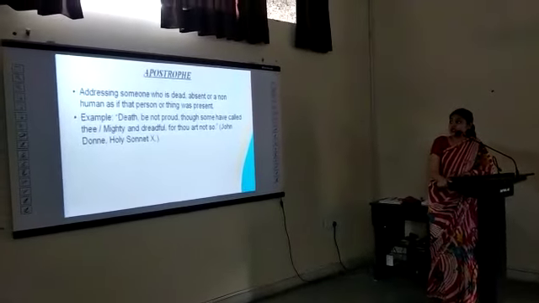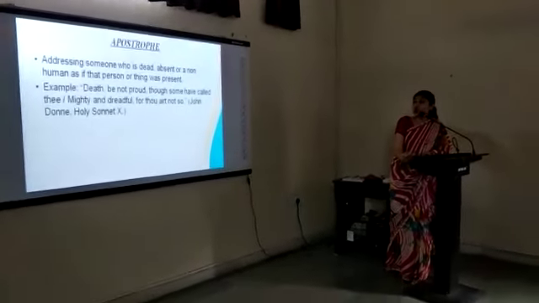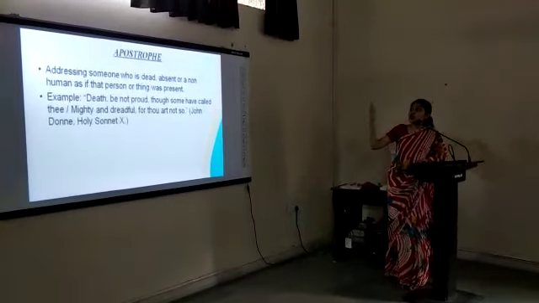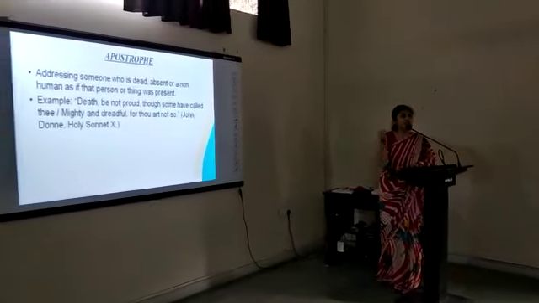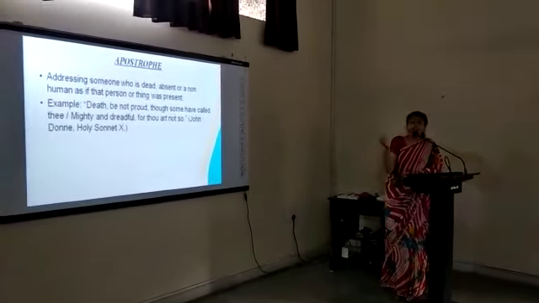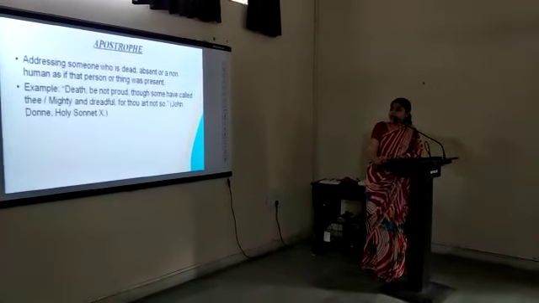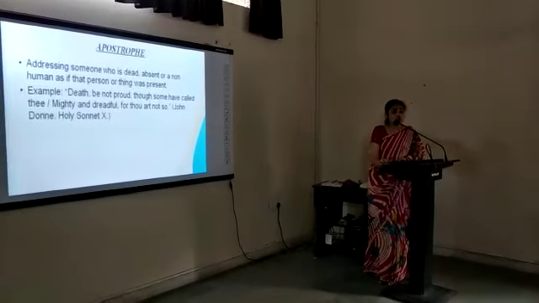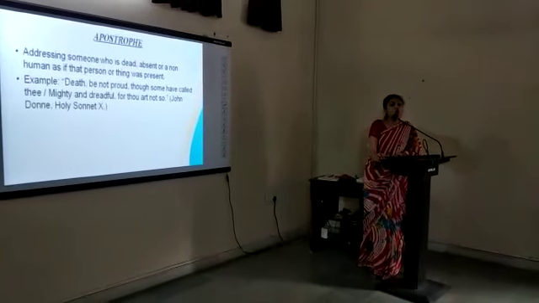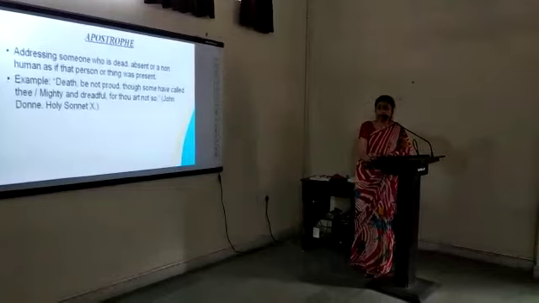Addressing someone who is dead, absent, or a non-human as if that person or thing was present is known as apostrophe. Example, death be not proud, though some have called thee mighty and dreadful, for thou art not so. These lines have been taken from the poem Holy Sonnet by John Donne.